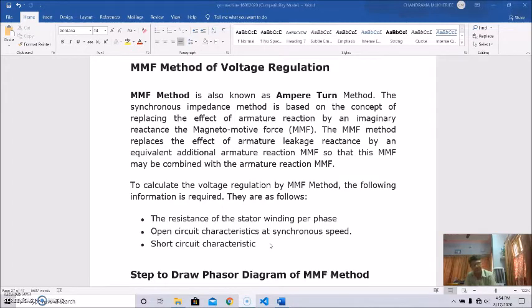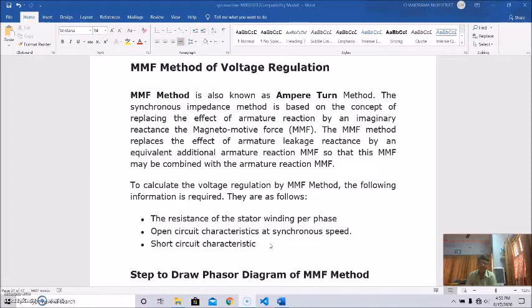Basically, this change is nothing but the synchronous impedance drop. So the calculation of this synchronous impedance drop was the key factor for the EMF method, and that's why it is called the synchronous impedance method.